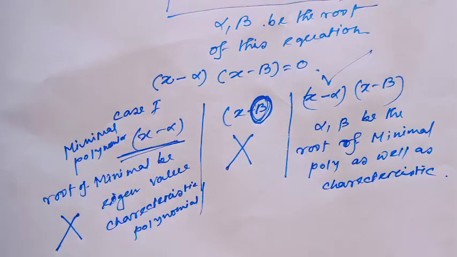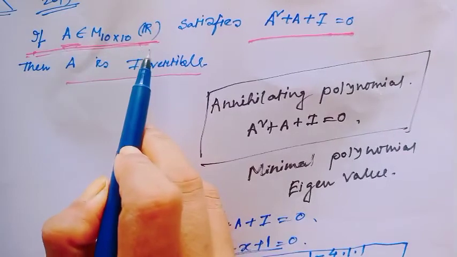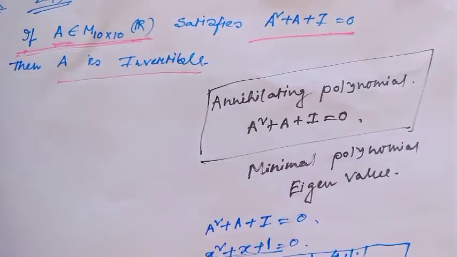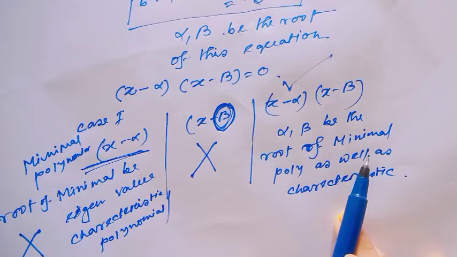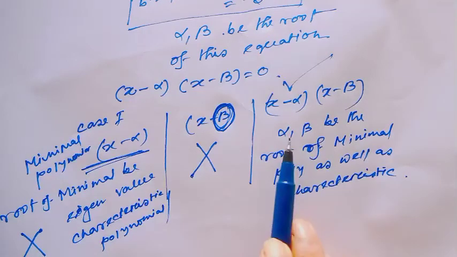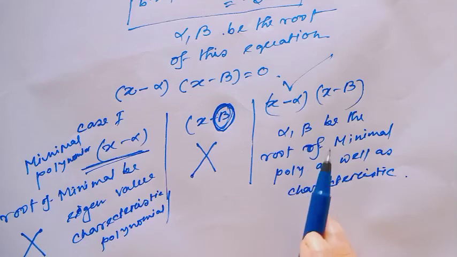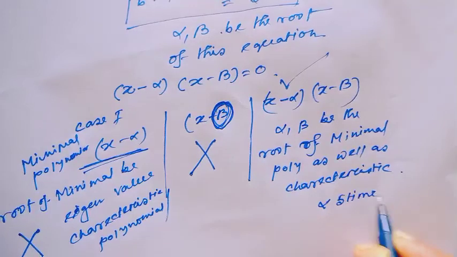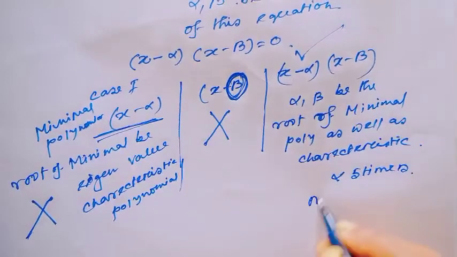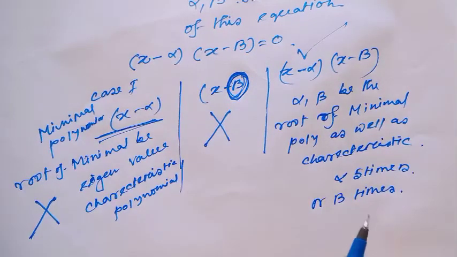Now, since A is given as a 10 cross 10 matrix over the field R, from this expression I understand there exist roots alpha and beta, but their repetition can be alpha 5 times or beta 5 times. Their repetition is not given.